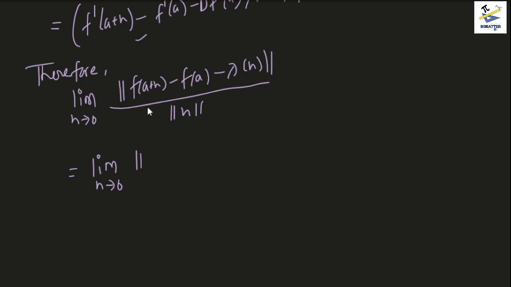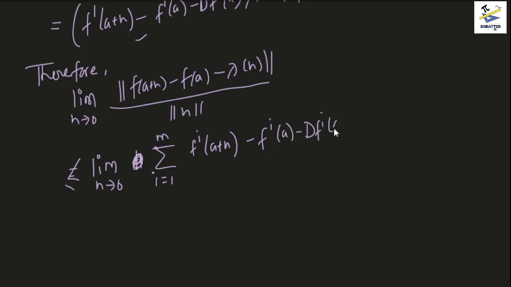But since we have already proved that this is less than or equal to the sum of the mods, we can find that this is less than or equal to the summation i equals 1 to m of mod of fi of a plus h minus fi of a minus dfi of a, divided by mod of h. And we understand that all of these limits go to 0.